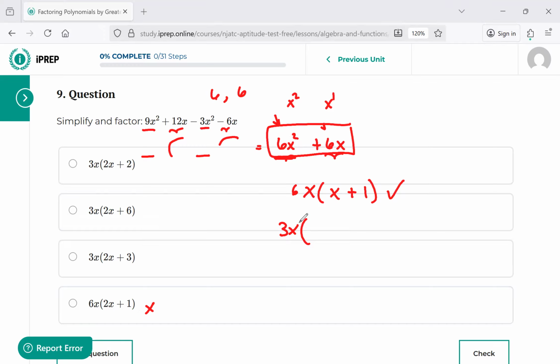So if we took out a 3x, what do you have to multiply 3x by to get 6x squared? You're going to need a 2, and then one more x. And then what do you have to multiply 3x by to get the second term, 6x? You're going to need a 2 and one more x.